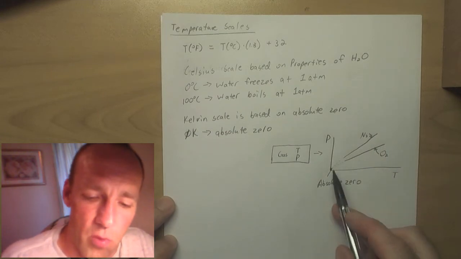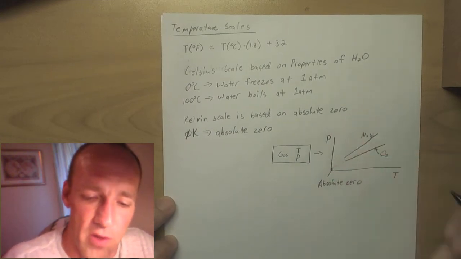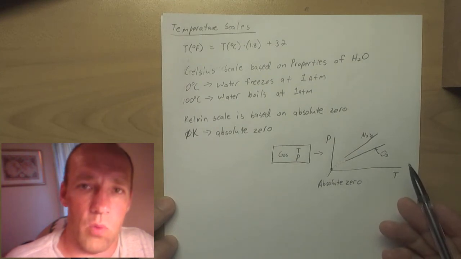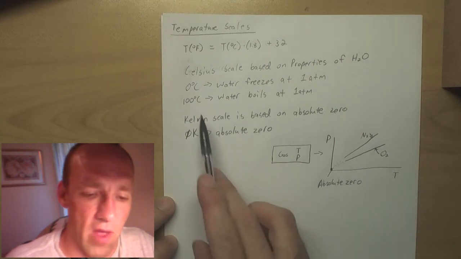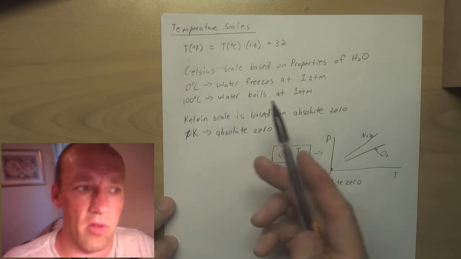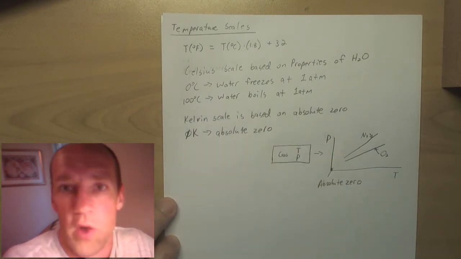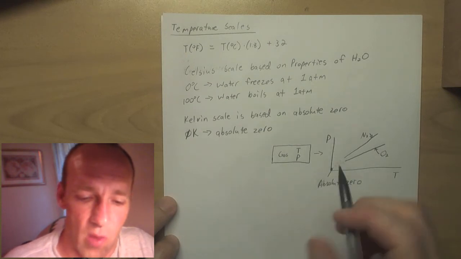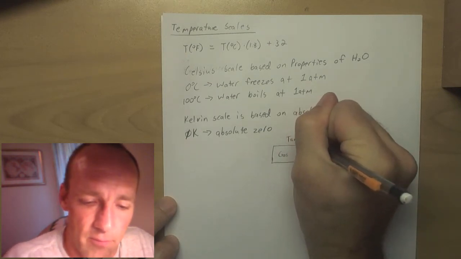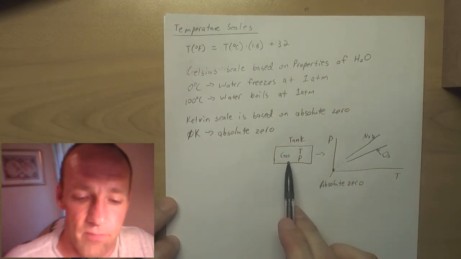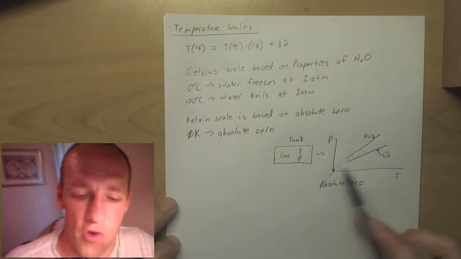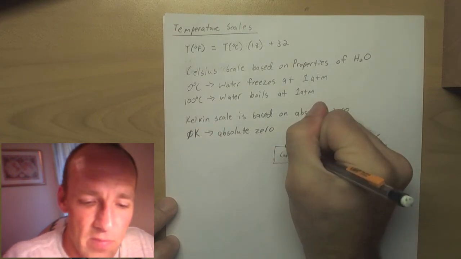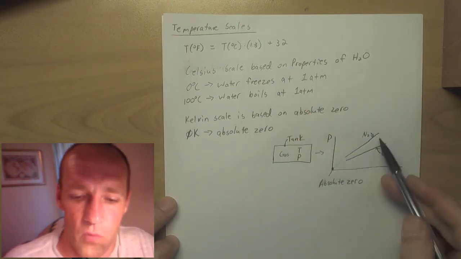So this would constitute a better basis upon which to base our temperature scale than just say the arbitrary properties of water at 1 atmosphere. Okay, so this experiment was actually done. So I have a tank, and I cool or vary the temperature of a certain gas that's captured inside this tank, and I record the pressure.